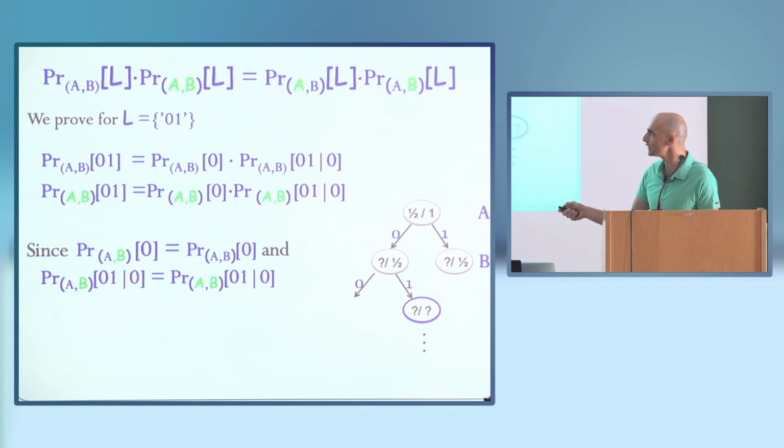Given that we visited 0, we went left on the first round to go right on the second round, it's the same probability whether Alice is malicious or Alice is honest.